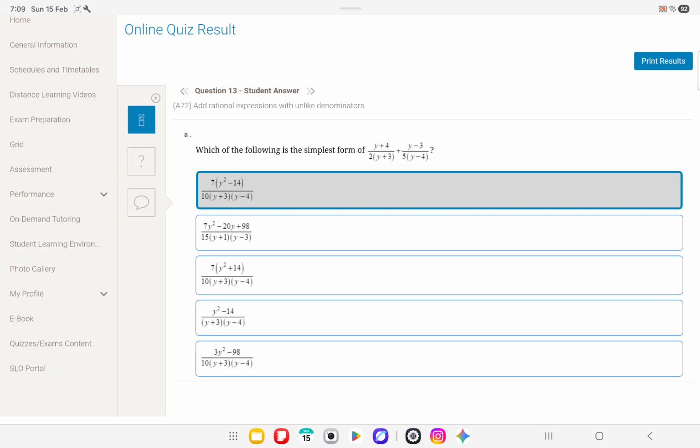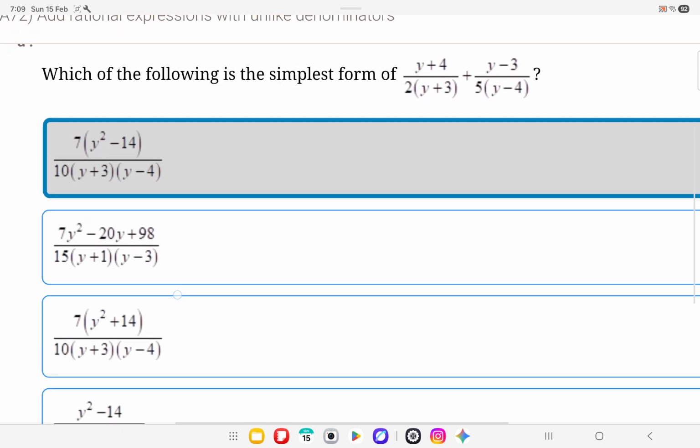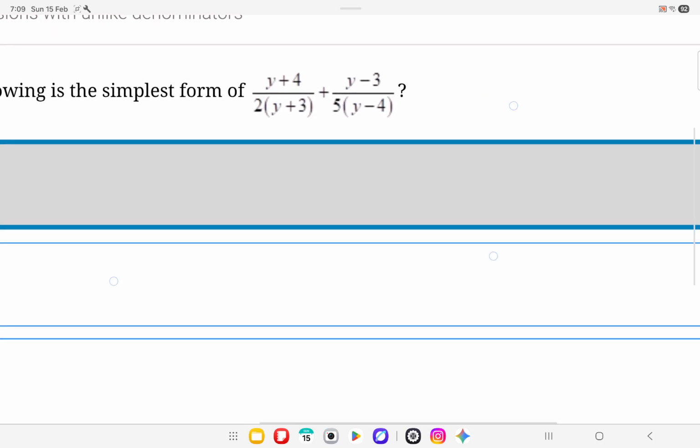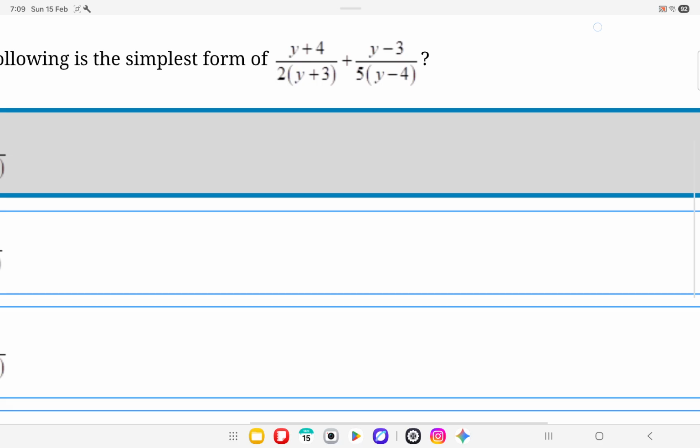Here, now we're actually getting to the point. Here they want us to add it. So what do we do? We rewrite y plus 4, but we give ourselves space.